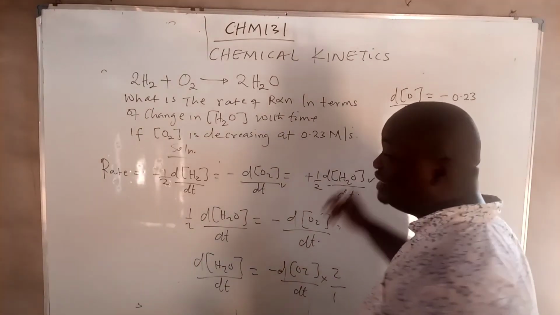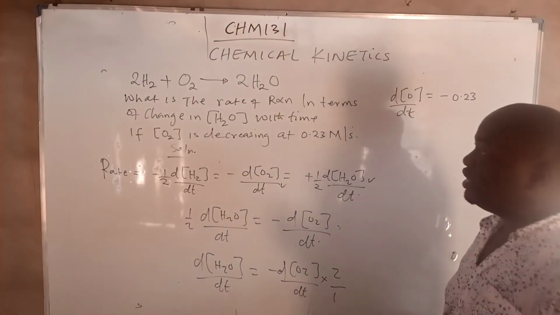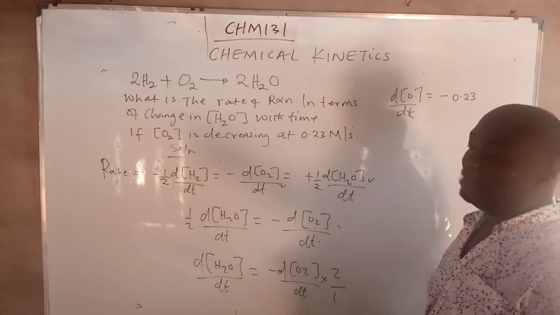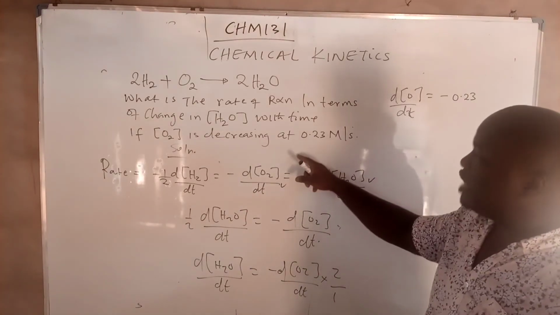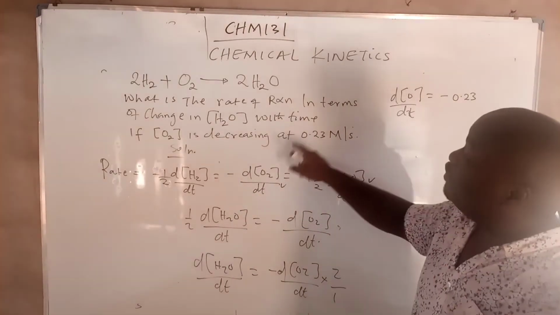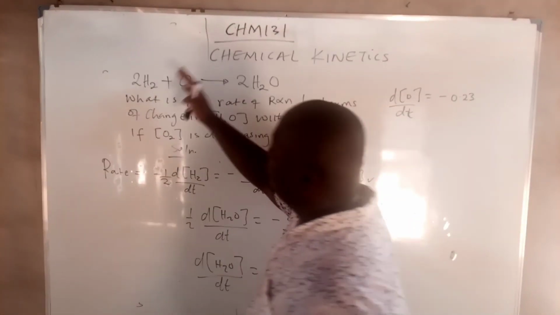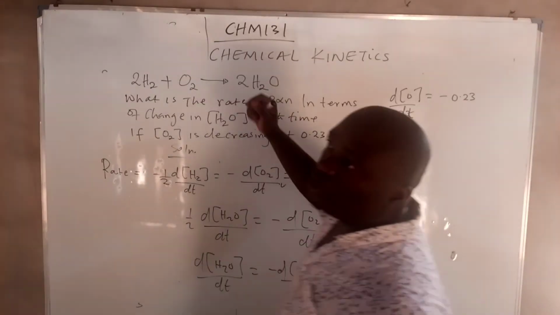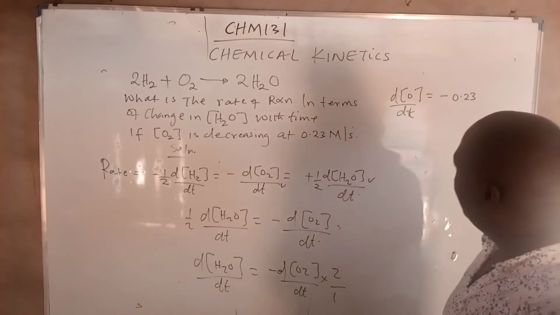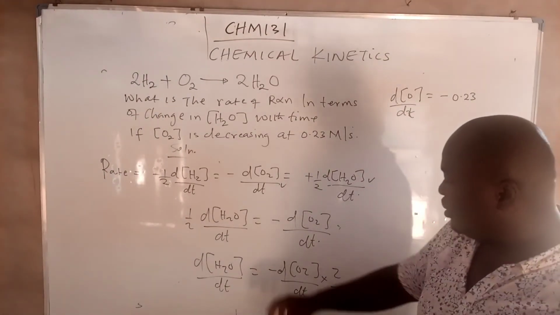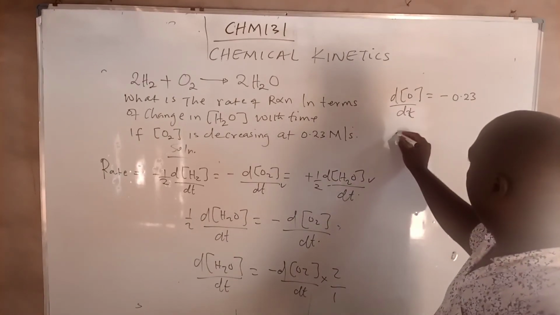So that's why I say you have to be careful. Never forget that whenever something is disappearing, the concentration must be minus, even if they do not state that it's decreasing. Immediately they write it, but you know that it's at the reactant side, you must include minus immediately.